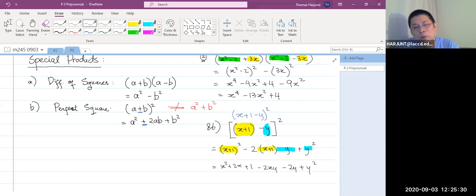Yeah, you can do it the long way, but of course the long way may mean longer time. What else?